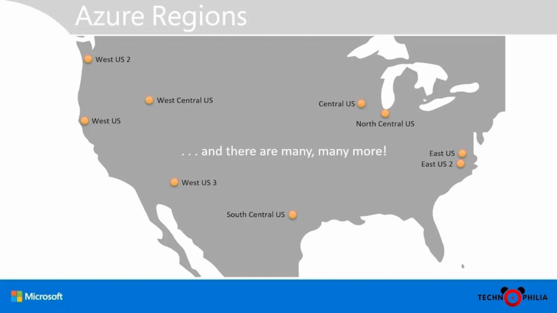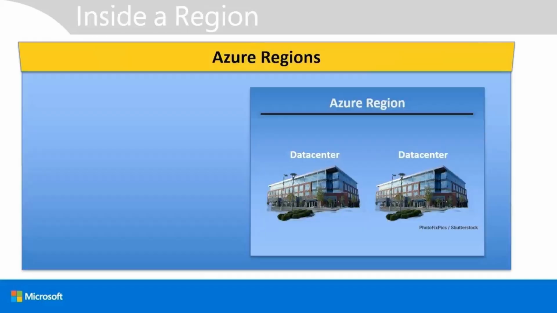Now at this point you might be asking what exactly is an Azure region? Well, I'm glad you asked. Let's have a look at what's inside of an Azure region. An Azure region contains data centers, and as you can see in this picture, a data center is a building that contains the infrastructure necessary to run Azure services.